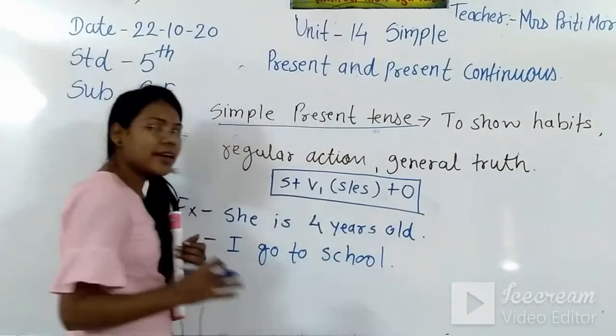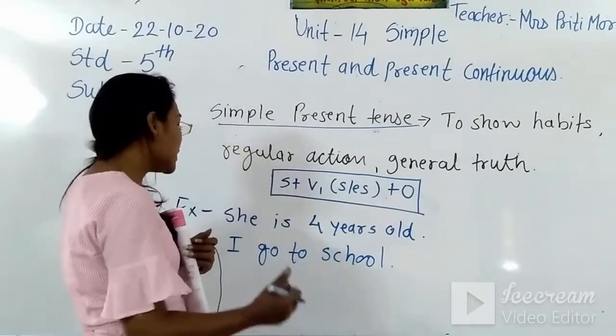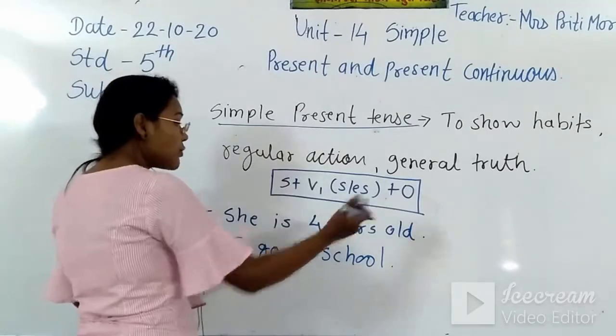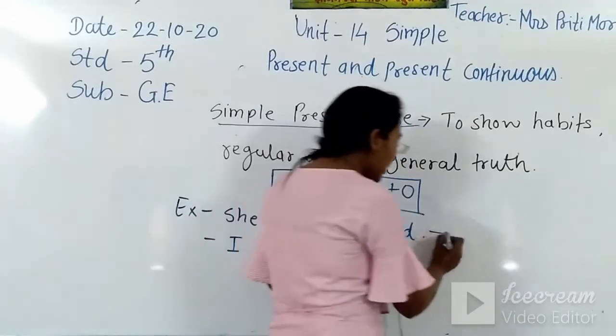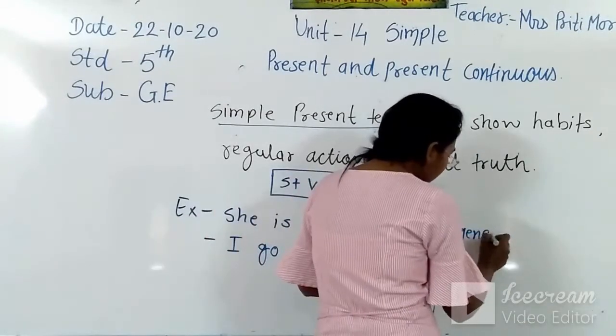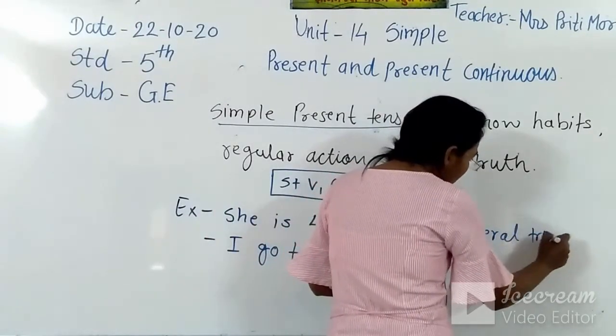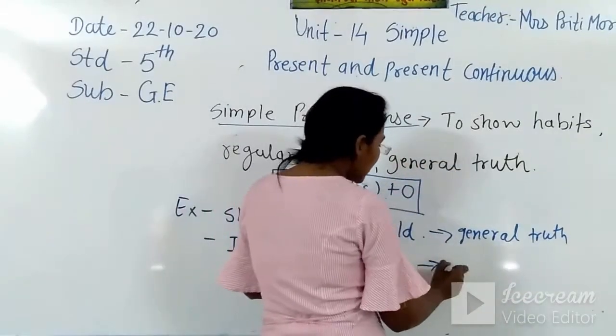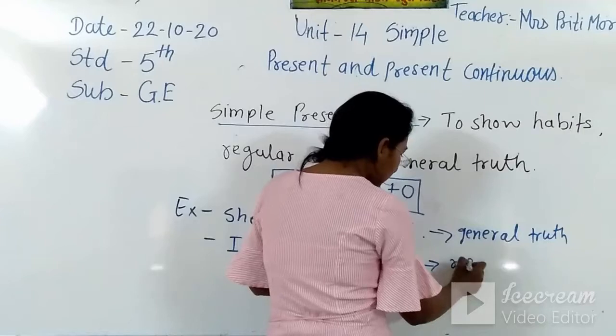This is the regular action which we do every day. So she is 4 years old is the general truth, and I go to school is the regular action.